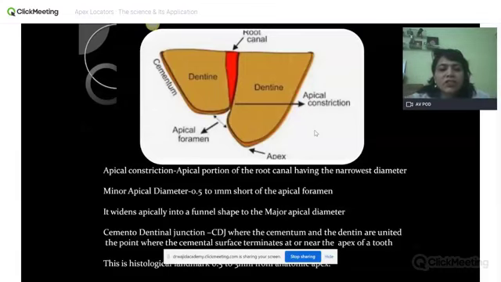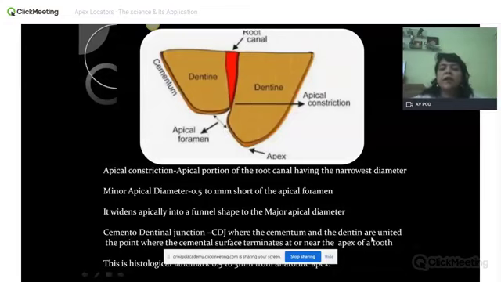The apical constriction. The apical constriction of the root canal is that portion of the root canal which has the narrowest diameter. It is also called the minor apical diameter, which is 0.5 to 1 mm short of the apical foramen. It widens apically, you can see, into a funnel shape to the major apical diameter. The cemento-enamel junction is another terminology.